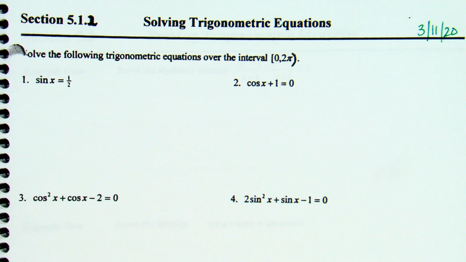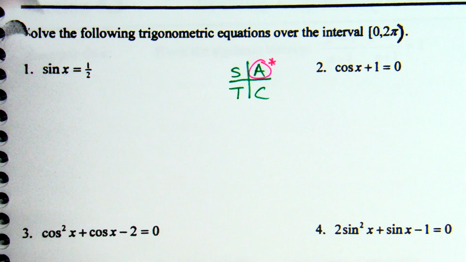Because you're going pi over 6 up from the x-axis, so pi over 6 up is 5 pi over 6. Do I have any other answers? No, because down in quadrants 3 and 4, sine is negative. So you have 2 answers.